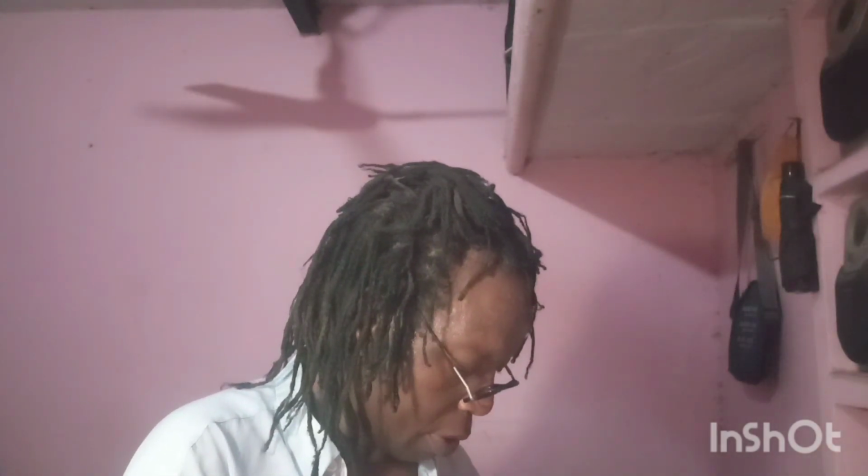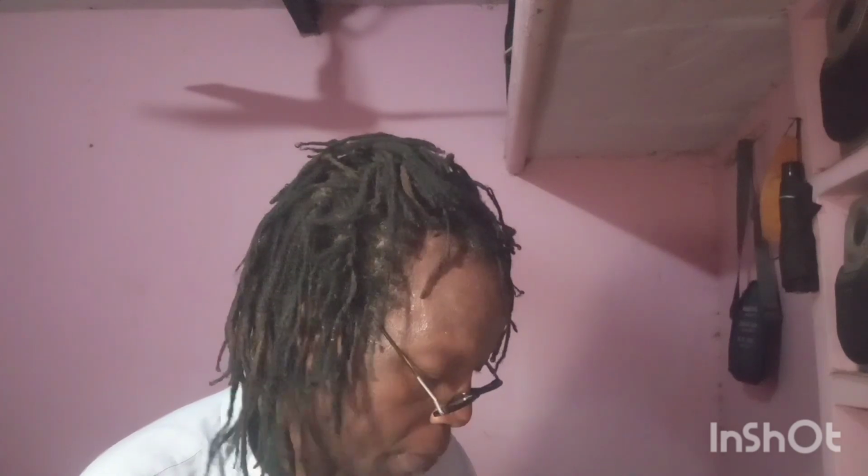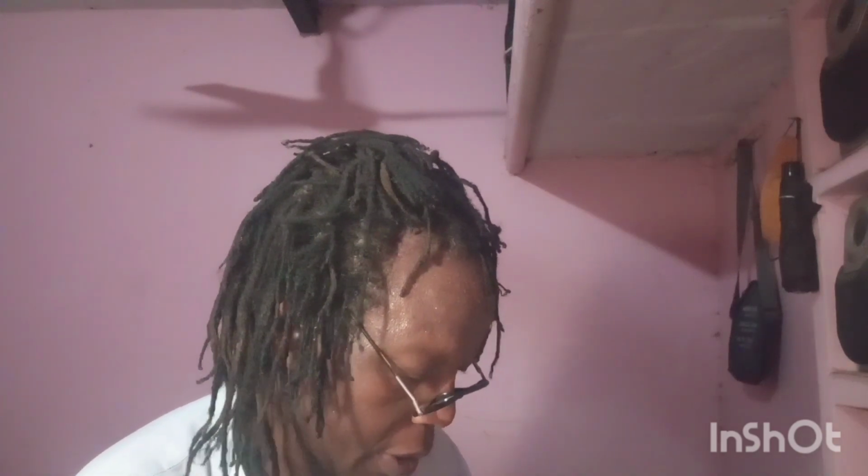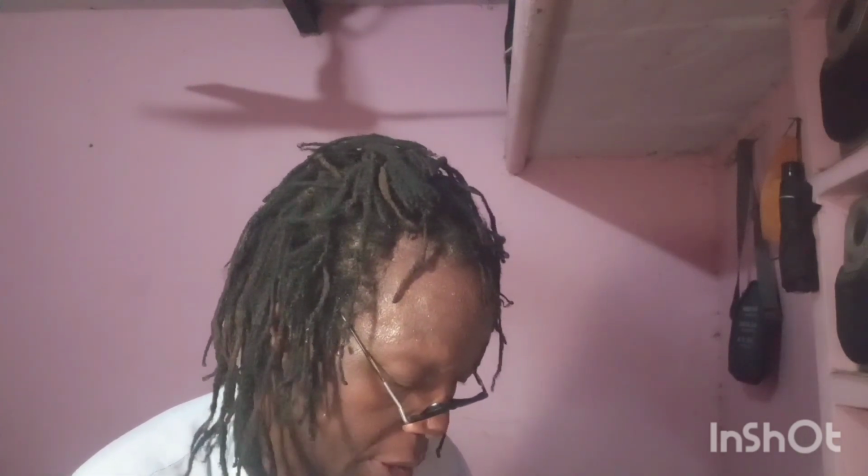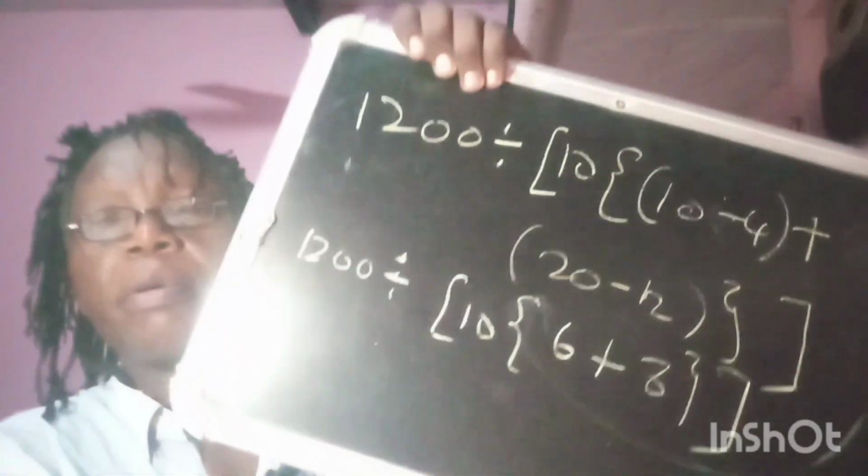So suppose you were to do this math, we'll have 1200 divided by, I will show you in a minute, but I don't think it's necessary at this stage. It's already shown you. We have 10, we have the curly brace still, now the parenthesis is gone, so we have 6 plus 8, curly brace and square bracket remain. So you can see what I'm doing.